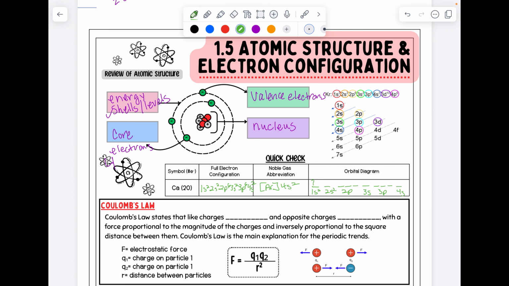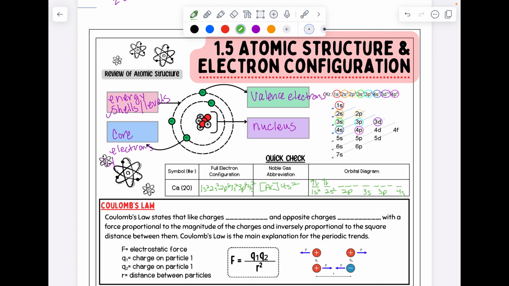Now, electrons have what we call a spin, and they have to have opposite spins to fill in an orbital. Not only do they have to have an opposite spin, they're going to fill in the empty orbitals first before they pair up. So in order to draw the orbital diagram, they're going to pair up on the lowest energy level with opposite spins. So that's why one has these little half arrows.